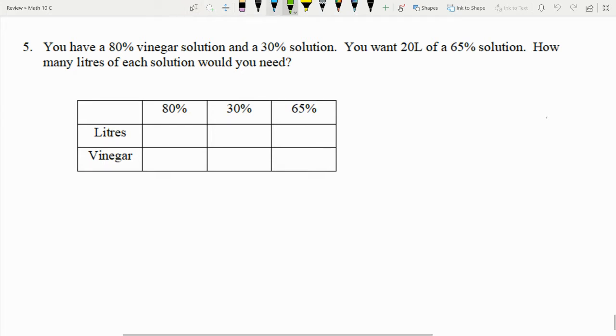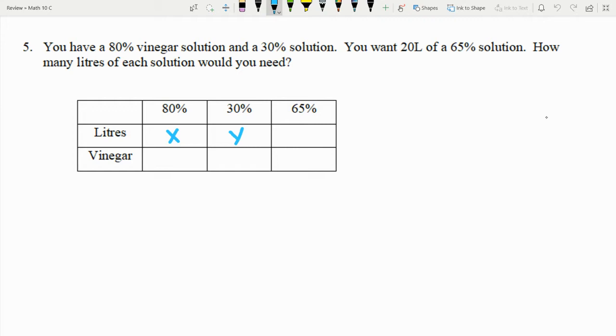I'll let x equal the unknown liters for the 80% solution, and y equal the unknown liters for the 30% solution. So again, to reiterate, x is the amount of liters I would need for the 80% vinegar solution, and y would be the amount of liters I need for the 30% solution.